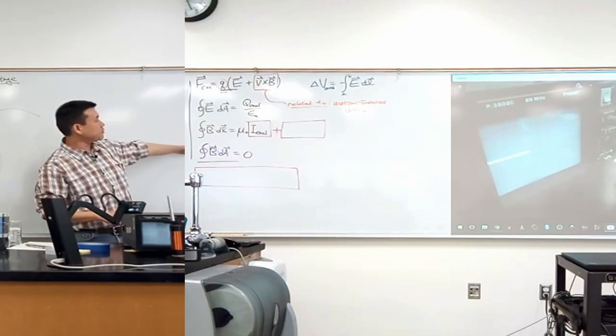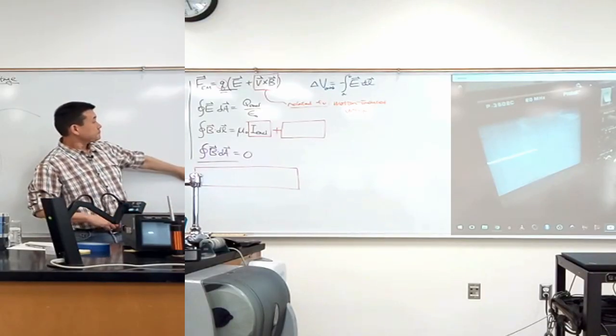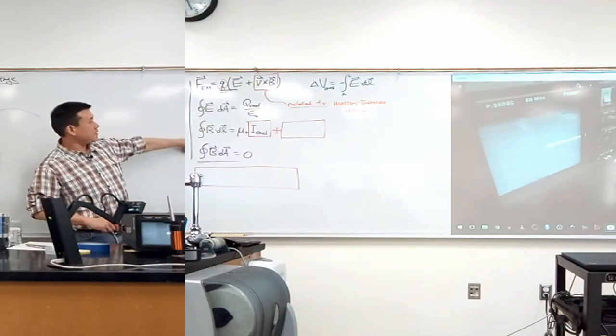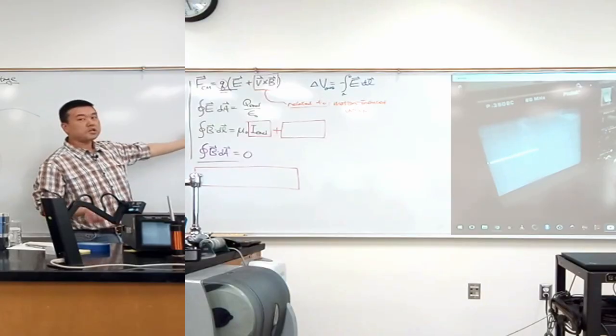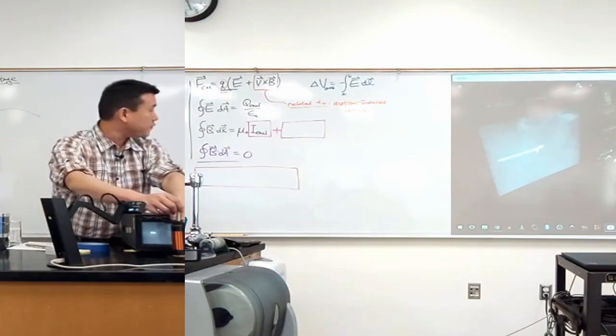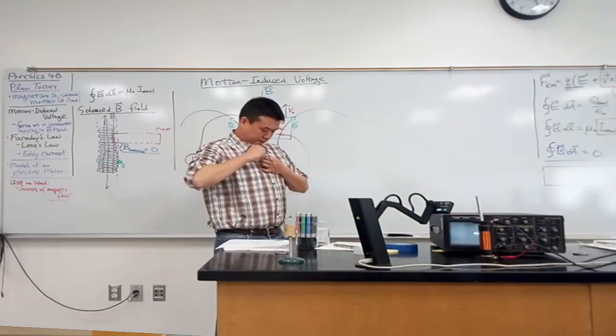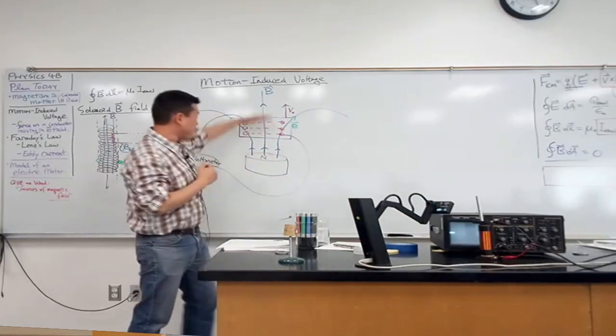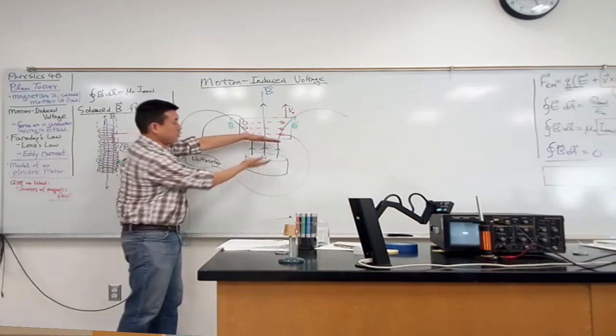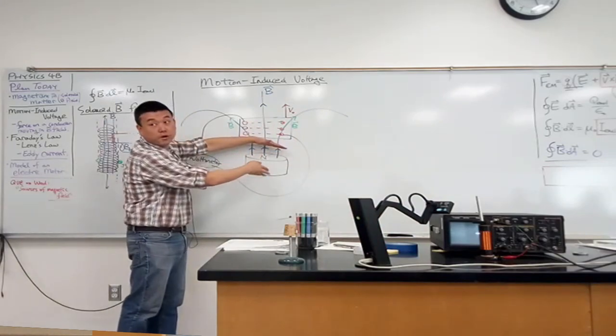So as you look at this, is there anything here that says if you have a changing magnet? When I move this up and down, it changes the magnetic field. Closer to the magnet, the magnetic field is stronger.